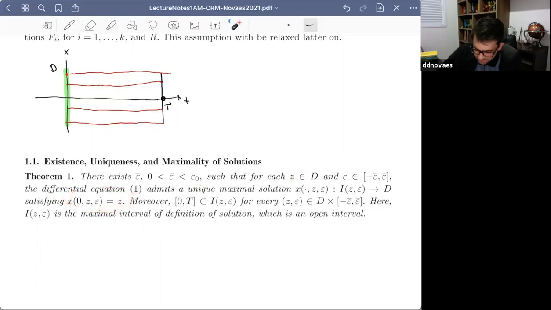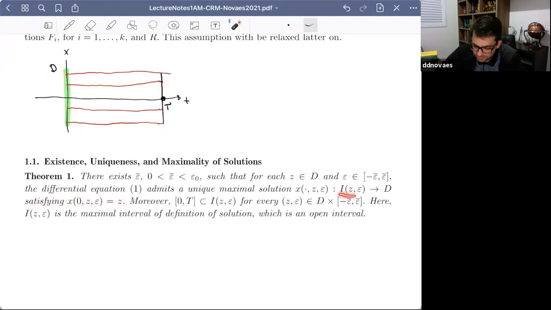This function denotes a solution of the differential equation 1 such that for t equals 0 it returns the initial condition of the solution.